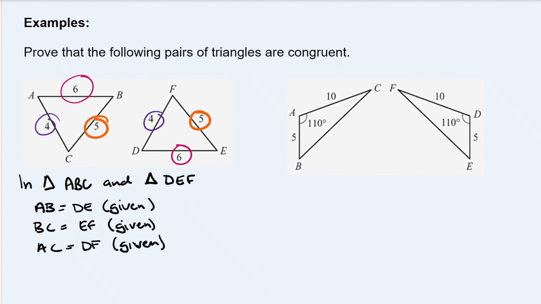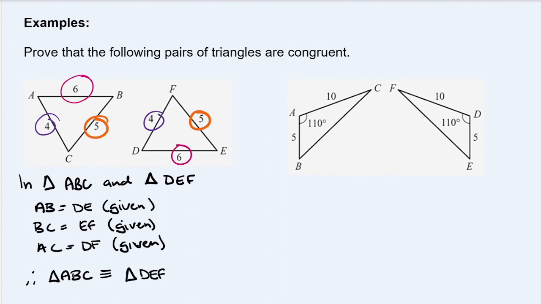And that's all you have to do as a reason. The reason they're called proofs is you are giving reasons for your responses. Therefore, triangle ABC is congruent with triangle DEF.